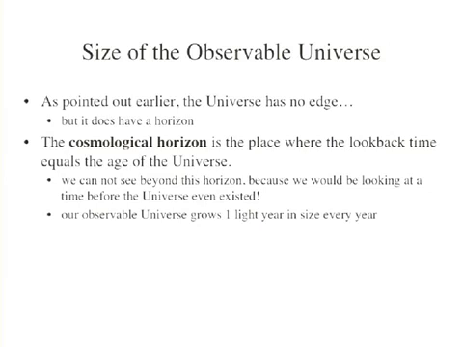The circle is this distance, and this distance L has a light travel time of 13.7 billion years. That is to say, a point here emits a photon to us, and it takes the entire age of the universe to get to us.